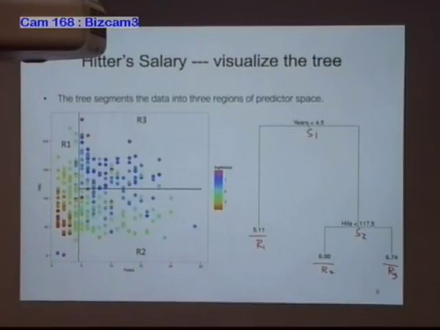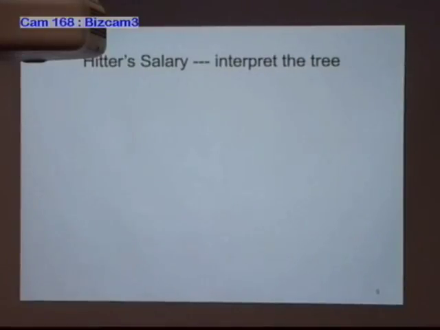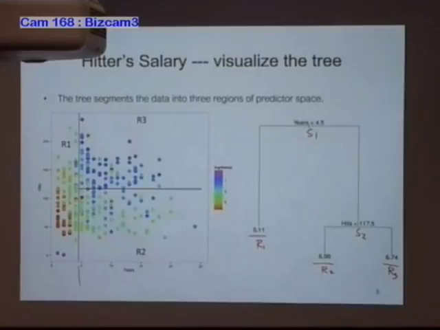So we have all these 5 different nodes. So you have this bunch of points. So this is S1. The threshold is 4.5. Those who are on the left are the young guys. Those on the right are the senior people.